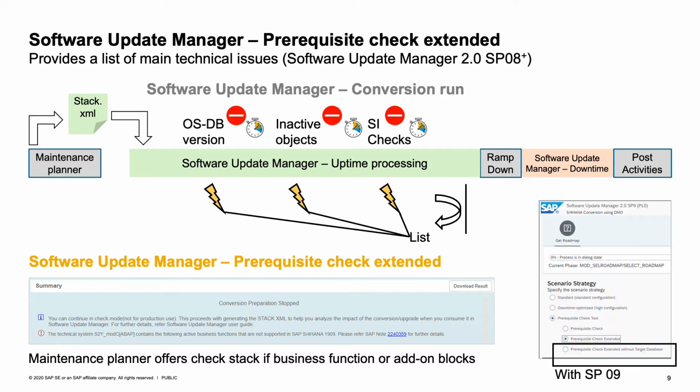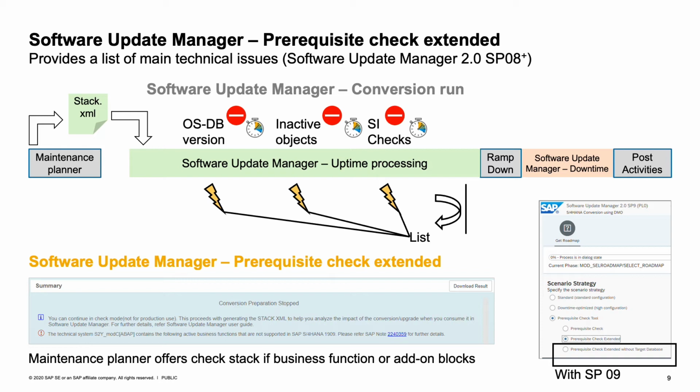Well, something new that we have: you select this Prerequisite Check Extended in the dialog, and with Software Update Manager 2.0 SP9, there's a new option that allows to even run this check without the HANA target database being available. Only relevant for the case that the source is not yet running on the HANA database. Usually, for the normal plain conversion and even for the Prerequisite Check Extended, you have to provide the target HANA database.